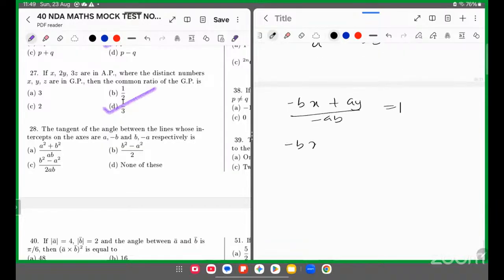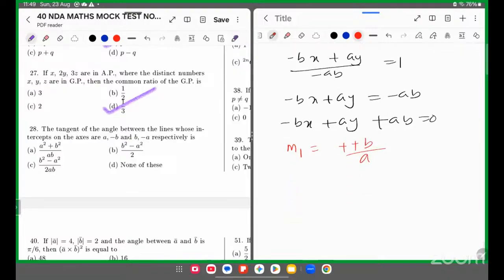So minus bx plus ay equal to minus ab. So minus bx plus ay plus ab equal to 0. So m1 is minus of minus b by a, which is b by a.